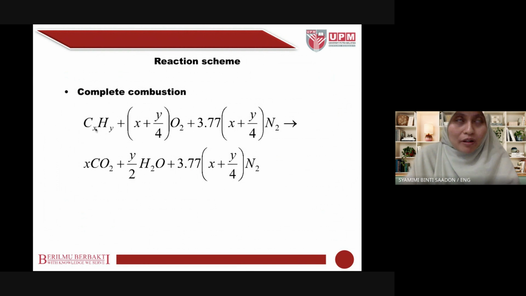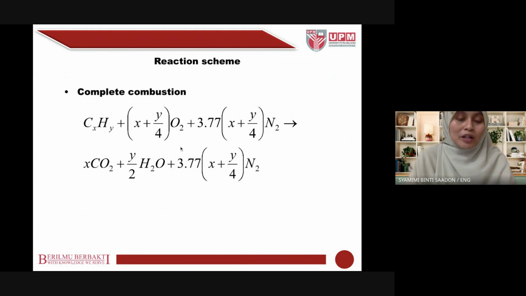If you have, for example, methane, just now, it is CH4. So X is 1, Y is 4, so you can just write here 1, 4. So this is a formula to guide you to have a complete combustion of the fuel in the air.